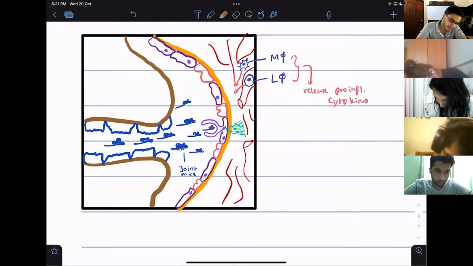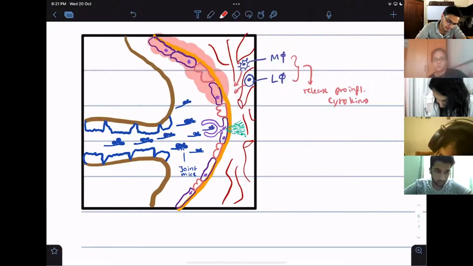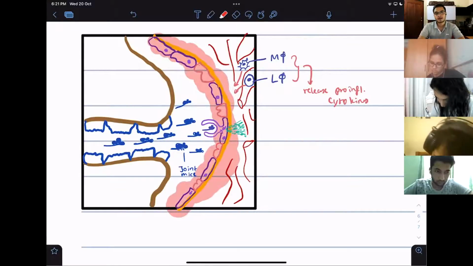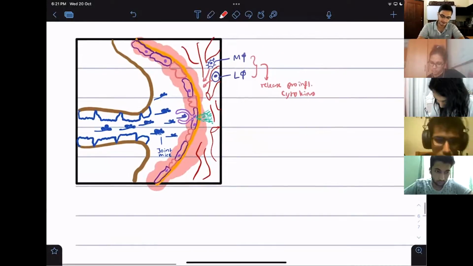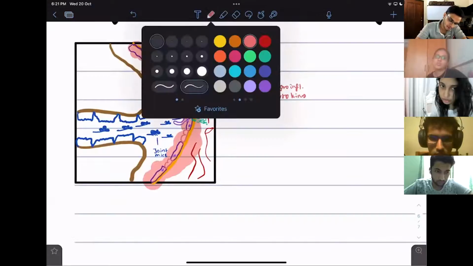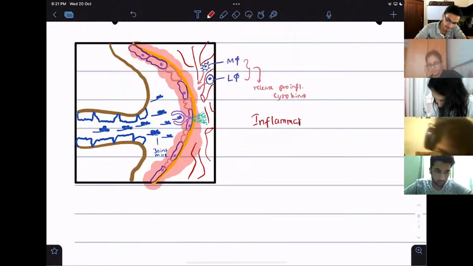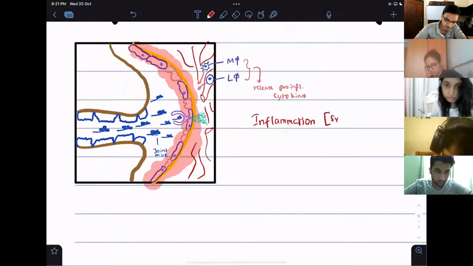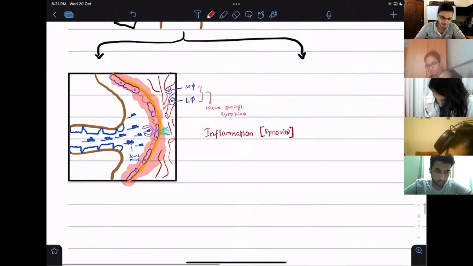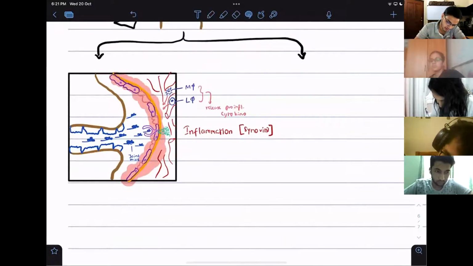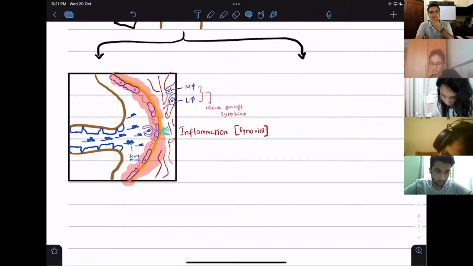The synovium is going to get inflamed. Synovial inflammation is called what? Synovitis. Excellent. We call this synovitis.